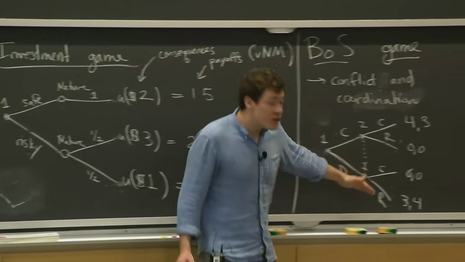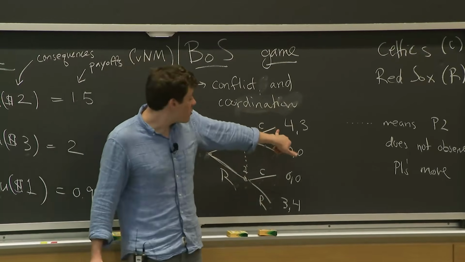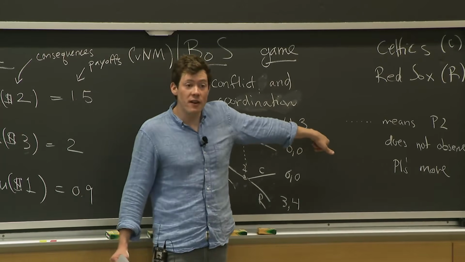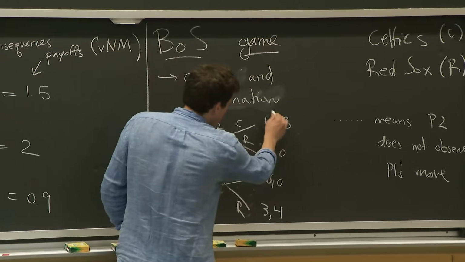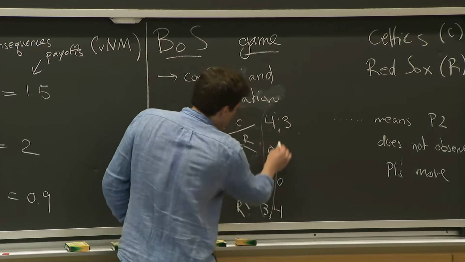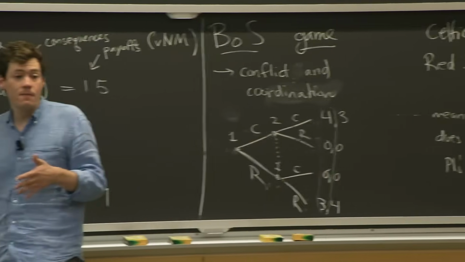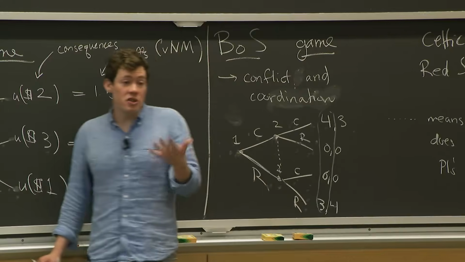But the way we wrote it on the tree, we actually grouped it by consequences. So associated with this node is U1 of that node, comma U2 of that node. So if you want to connect it to the definition, all these numbers here would correspond to the function U1, and all these numbers here would correspond to the function U2.